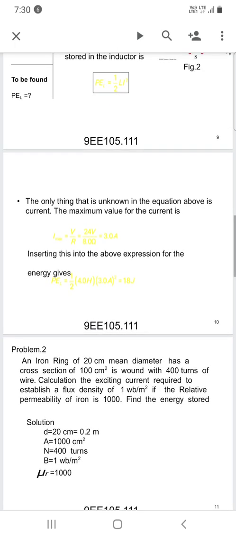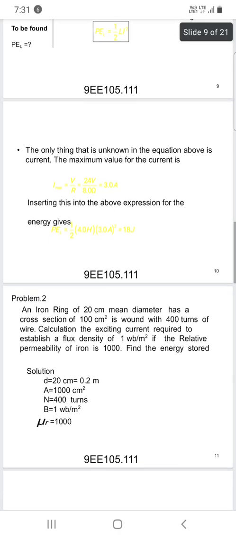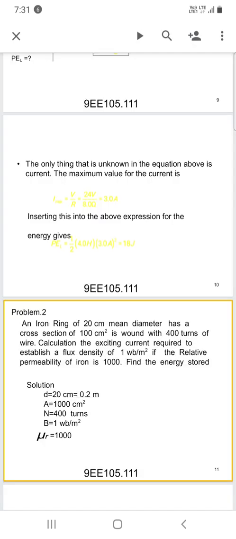So E is equal to half into L equal to 4 Henry, and the current I is equal to 3 amperes. Then we get half into 4 into 3 square, so the 2 into 9, that is 18 joules. We get 18 joules as the energy stored in the magnetic field.